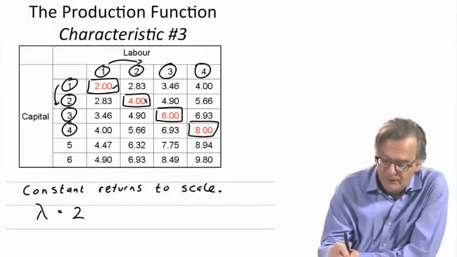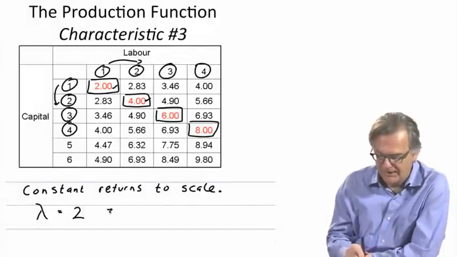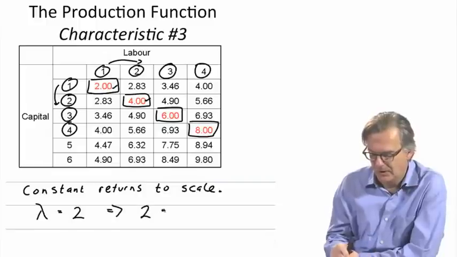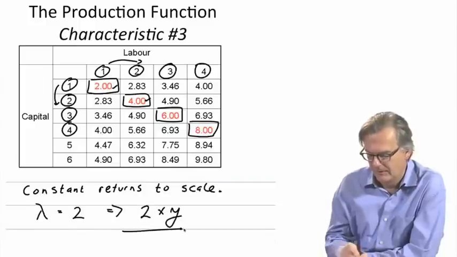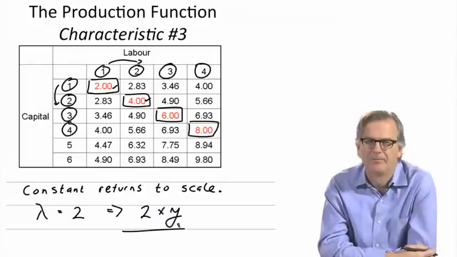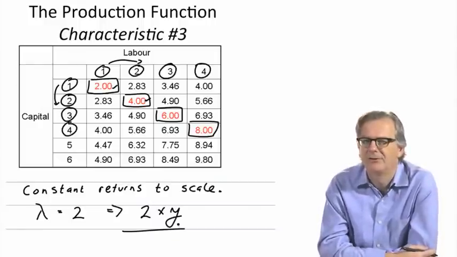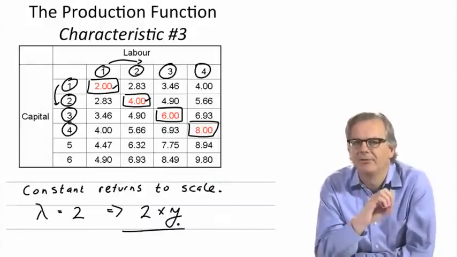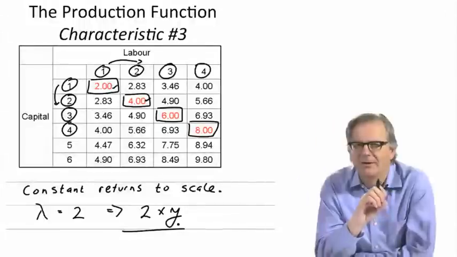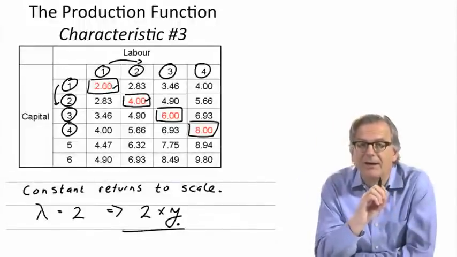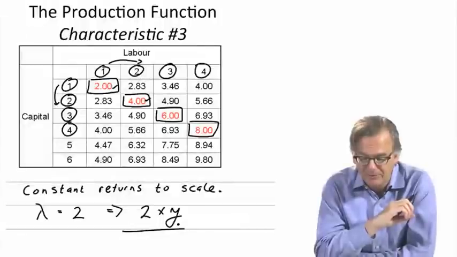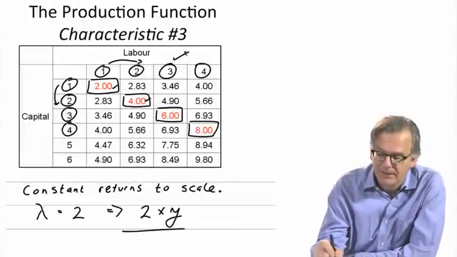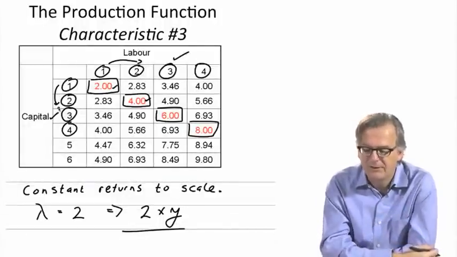And have a look at those two numbers. I get exactly twice the amount of output. And that's what we mean by constant returns to scale. If I scale up both factors of production by the same scaling factor, in this case 2, I'm going to get exactly the same scaling up of production. Same thing happens when I go to 3 and 3.